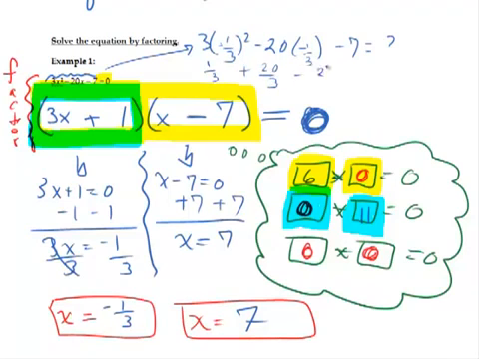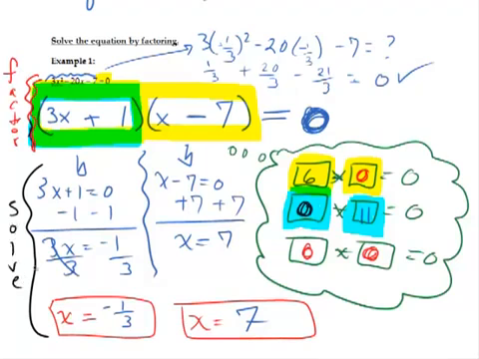And then minus 7, this would be minus 21/3. So sure enough, 1/3 plus 20/3 is 21/3. Minus 21/3 is a 0. This number also works. So this first part was the factoring that you've seen before, and this second part down here is the solving part, which is new for us today.